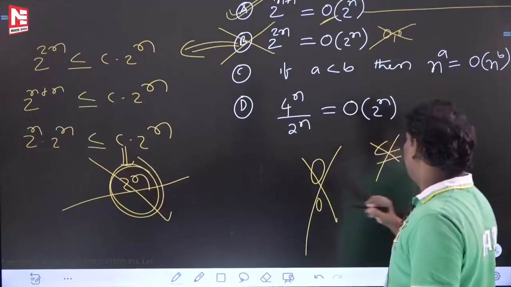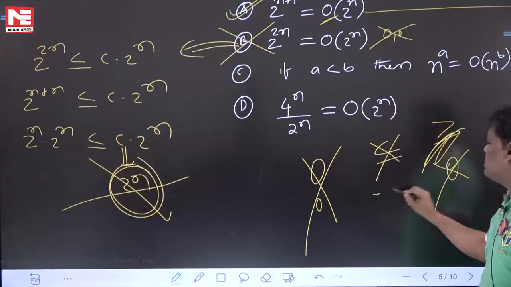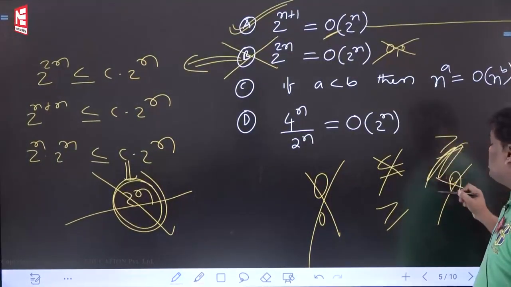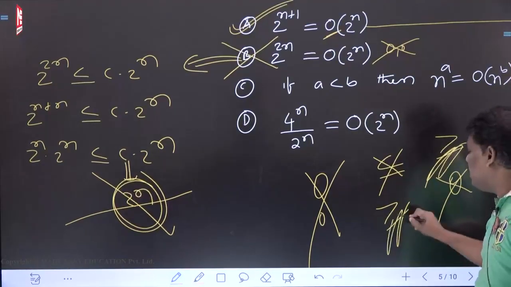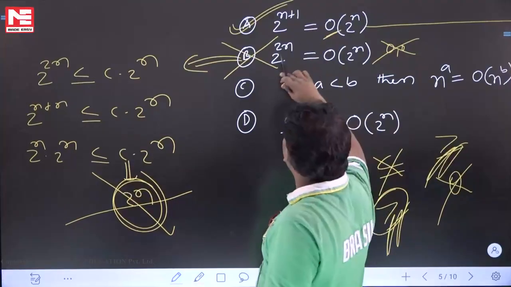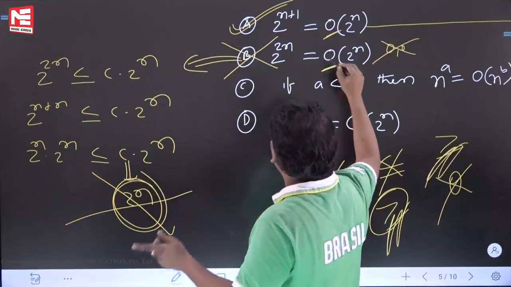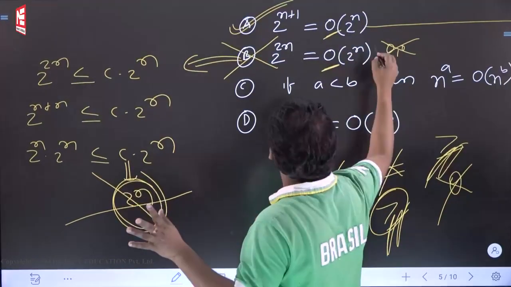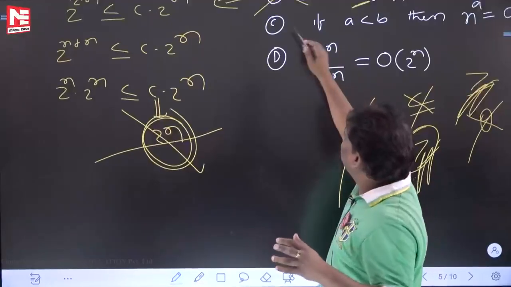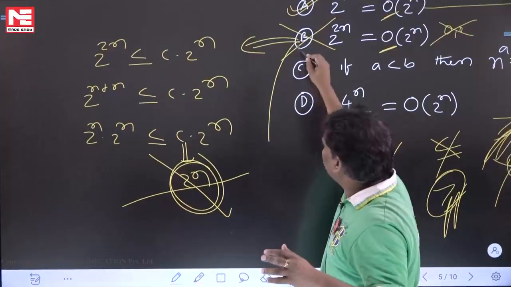That's okay. Next one, big omega passes. But the thing is, theta fails. Theta fail means equal fails. It is actually small omega. Option B is actually small omega. But anyhow, big O fails. I am repeating now: for option B, big O fails. I am writing now, option B story.